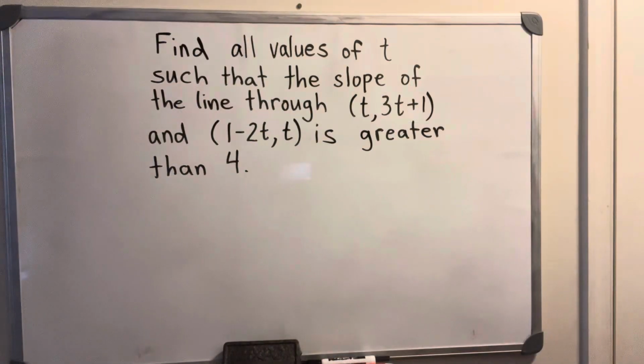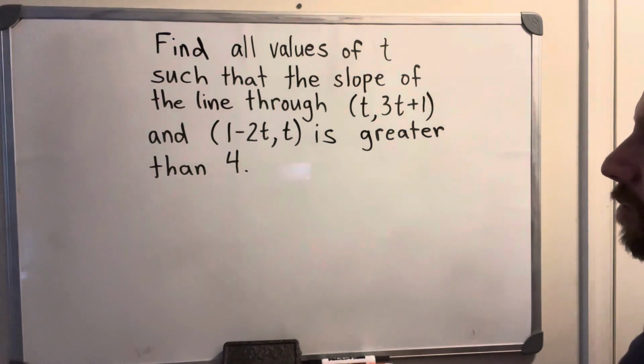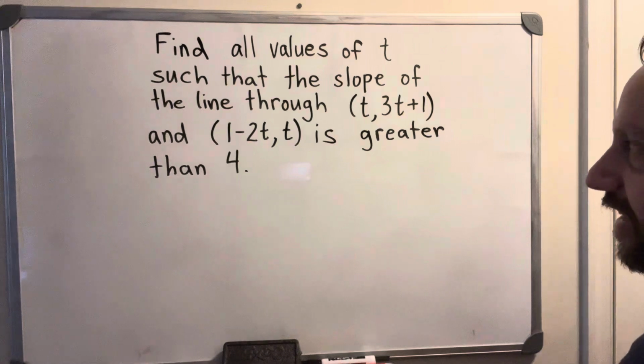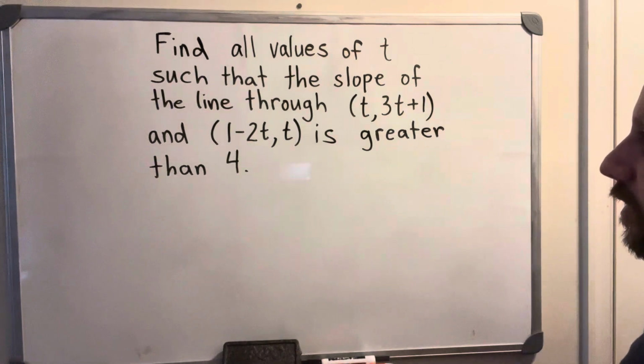This problem says find all values of t such that the value of the slope of the line through 3t plus 1 and 1 minus 2t is greater than 4.